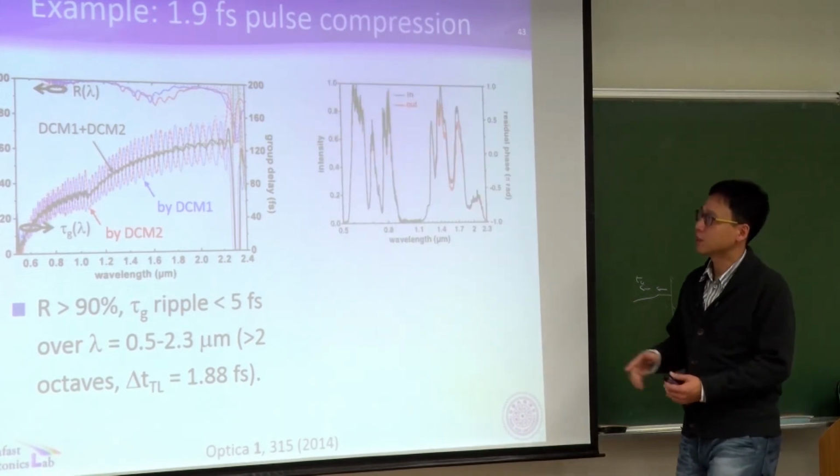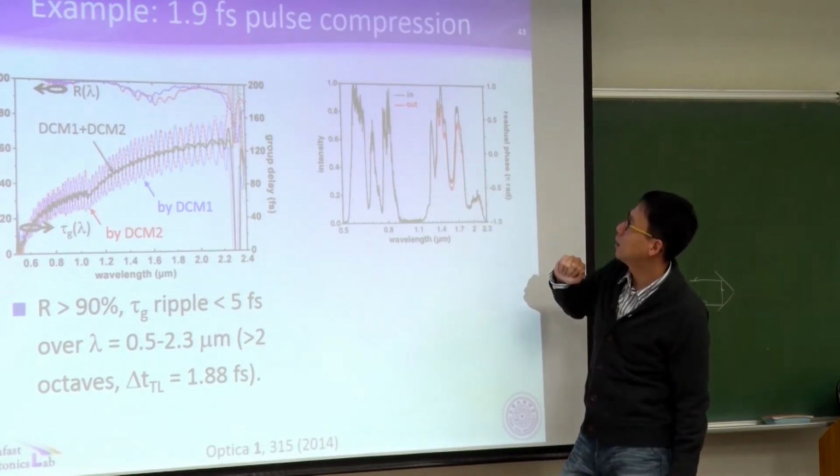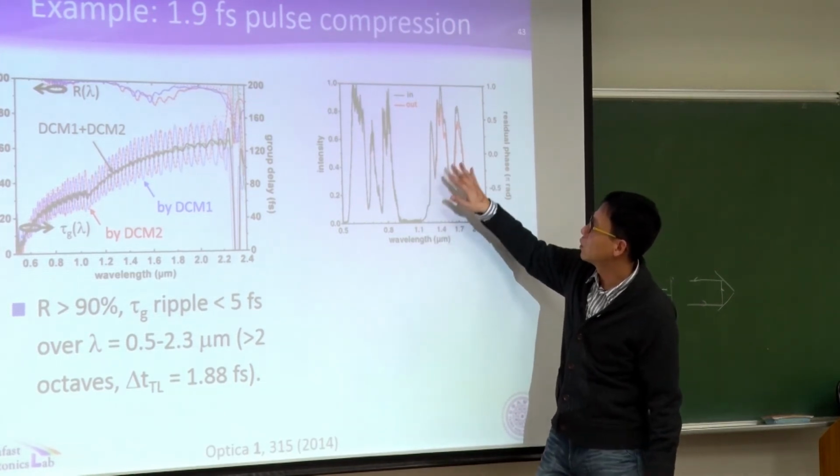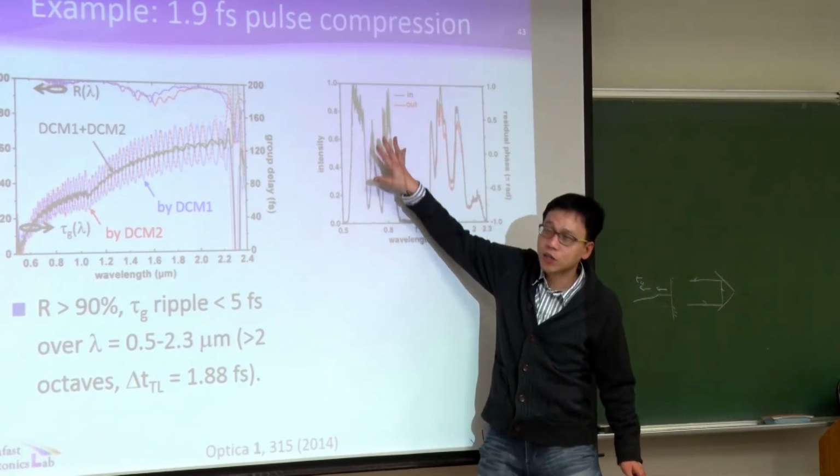So this is the experimental result. The black curve means the input spectrum. The red one is the output spectrum. So you see here, perfect overlap, right?